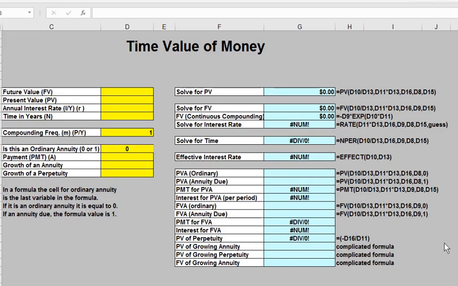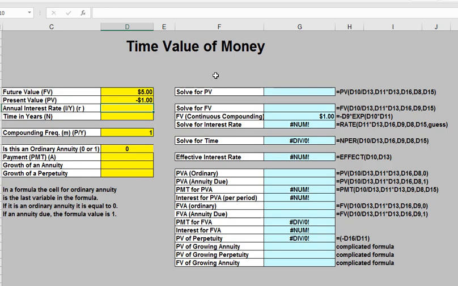In this video, we're going to discuss solving for time. So let's think about an investment, or we can pick any investment. Let's say you invest $1 and you want to know how long it will take for this dollar to turn into $5. Well, what we need to know is what interest rate you think you'll earn on this investment.